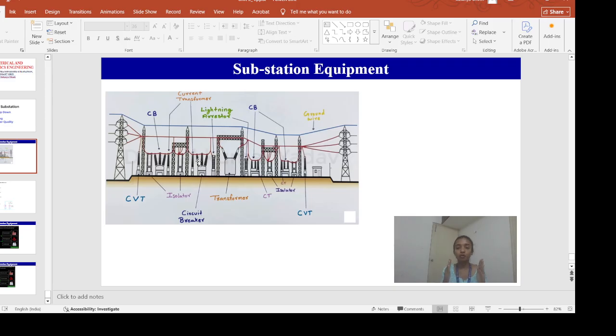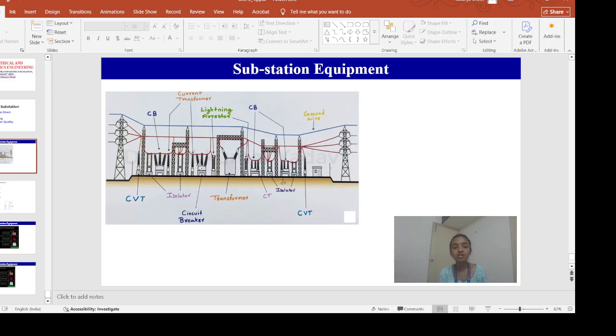Once the fault is cleared, the fixed and the moving contacts are joined together again, and the circuit breaker goes back to its reset condition or normal condition, and current will start flowing through the electric circuit again.